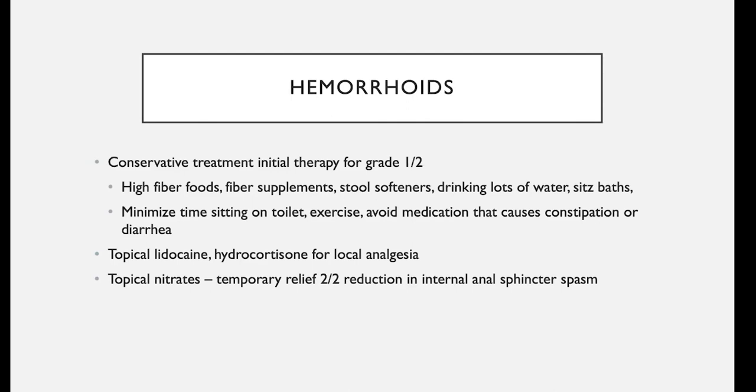It's also important to counsel patients to minimize their time sitting on the toilet, to go to the bathroom, and to avoid prolonged sitting if possible, and then to avoid medications that cause constipation or diarrhea. Topical lidocaine can be used for symptom control, as well as hydrocortisone. And then topical nitrates can also be used to relieve the sphincter spasm.